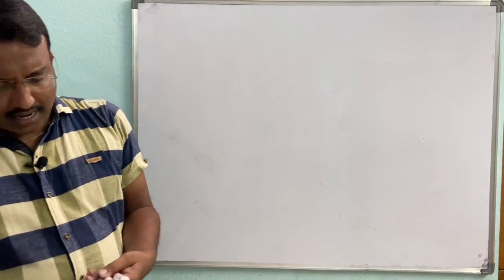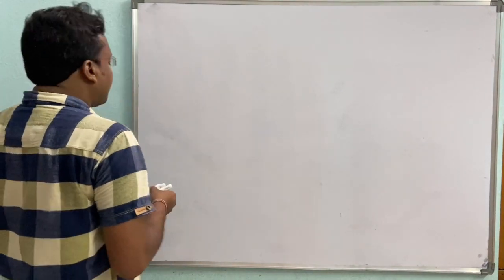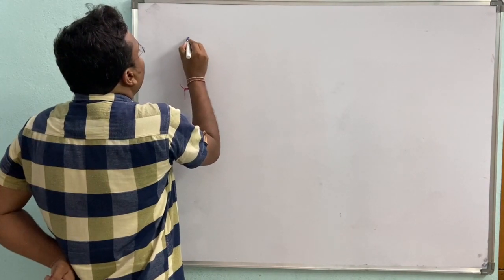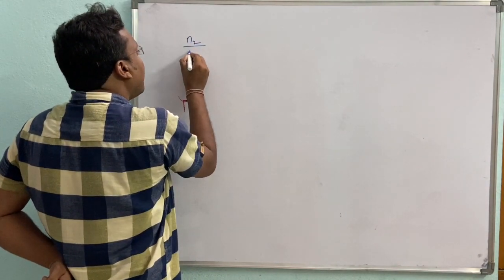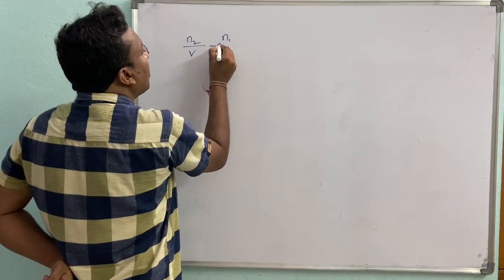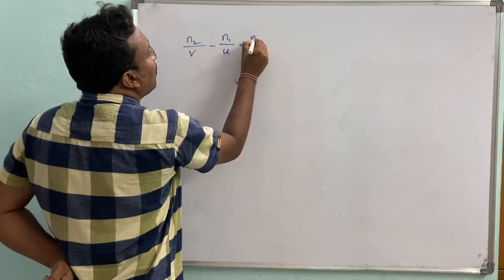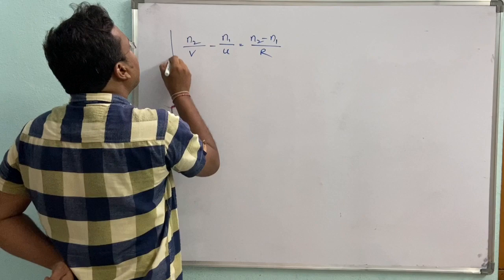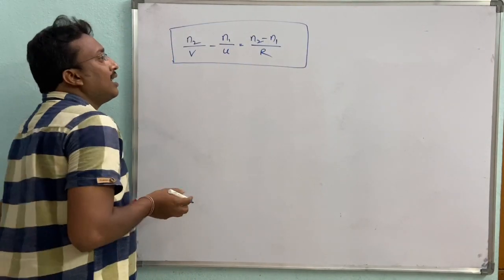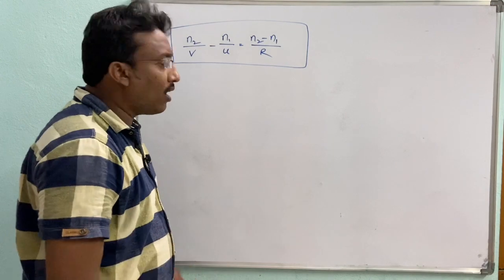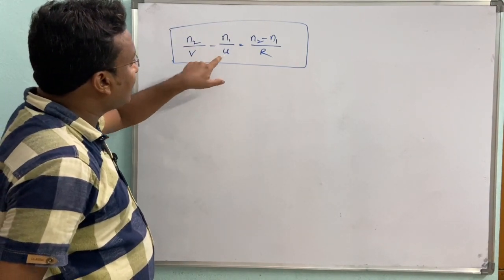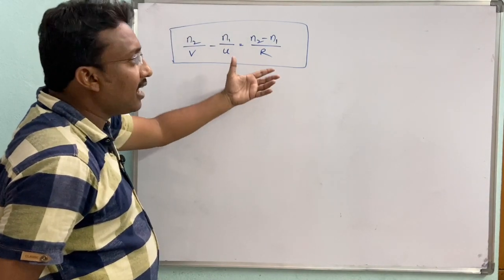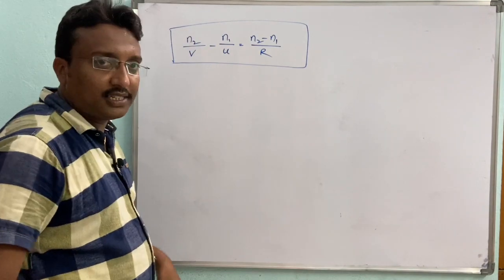Alright, that principle is taken as the refraction principle, n2 by v minus n1 by u equal to n2 minus n1 by r. This is the principle. If you know the object distance and the radius of curvature, we are able to find the image distance.